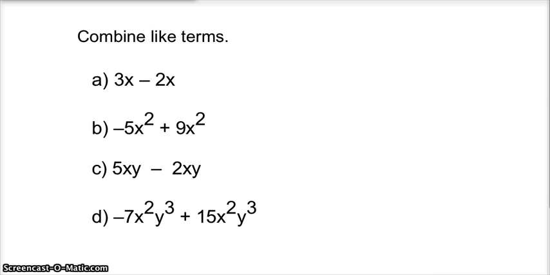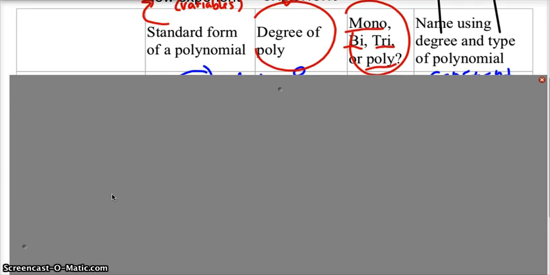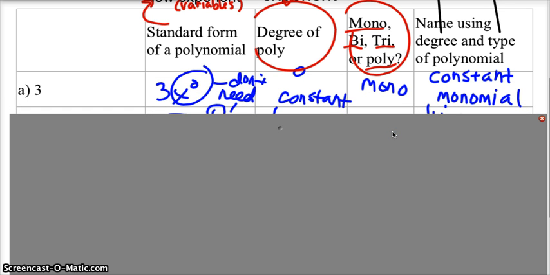All right, let's look at the table now. So the first one asks you to put it in standard form. There really isn't anything other than 3. You can't rearrange 3 another way. So the standard form is just 3. I have written here that you don't need what is being circled in red, but there really is an x to the 0 power because we know that anything to the 0 power is 1, and 3 times 1 is 3.